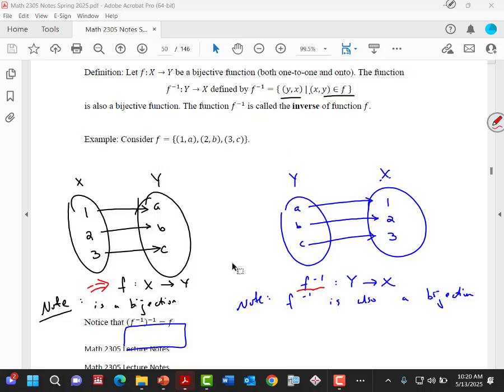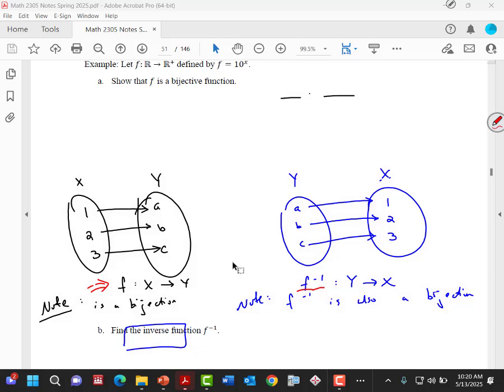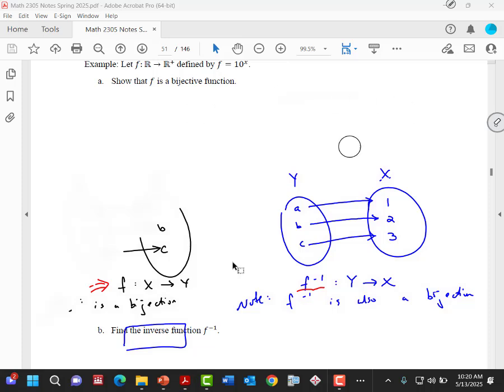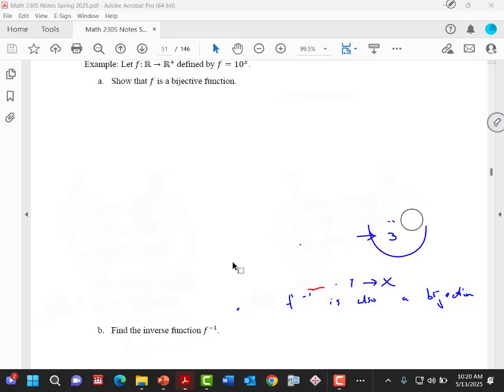Okay, let's do one more example. Let f map R to R plus.